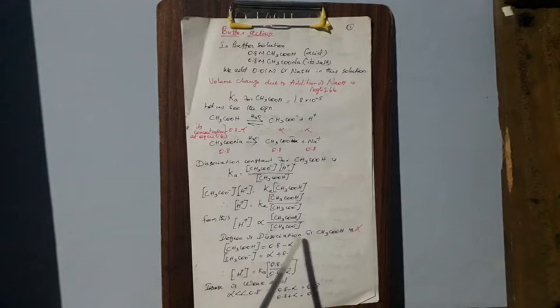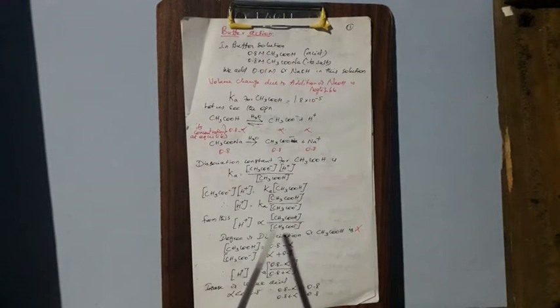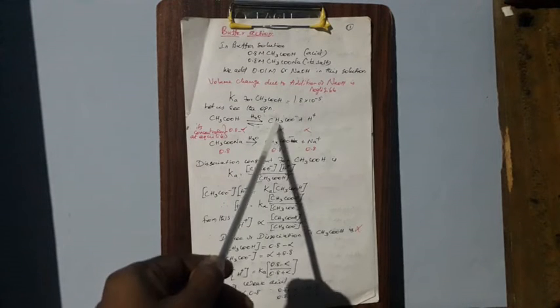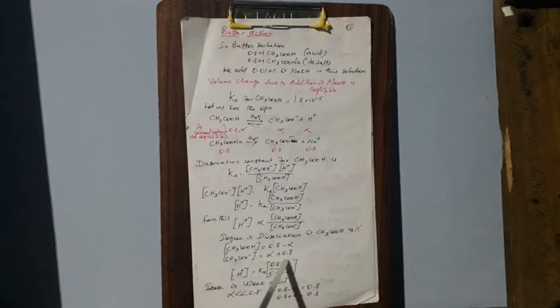Now, the degree of dissociation of acetic acid: CH3COOH is equal to 0.8 minus alpha, and CH3COO minus ion is alpha plus 0.8.